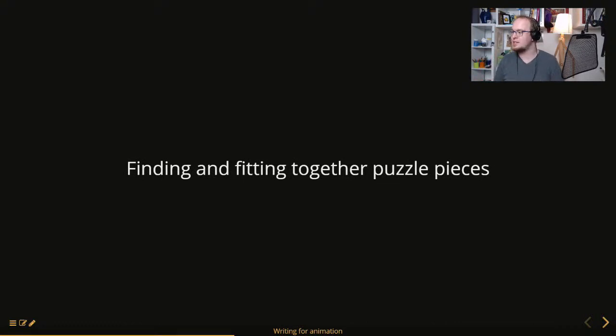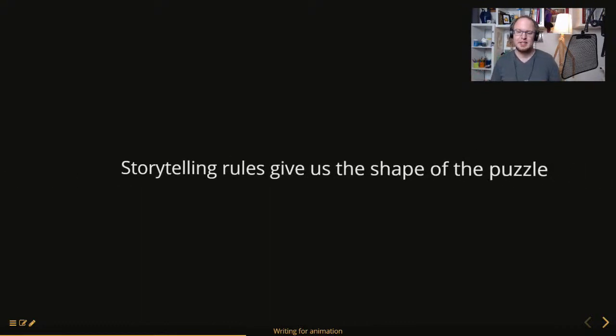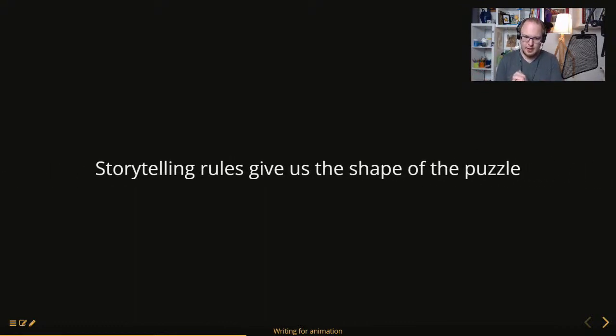These are your puzzle pieces, and you need to figure out how to fit them together, and if they actually fit into that puzzle, or if they belong to a different puzzle. And the storytelling rules give us the shape of the puzzle. They kind of tell us how big the puzzle has to be, which color goes in what area of the puzzle. There are rules to this that we already have a good feeling for instinctively.